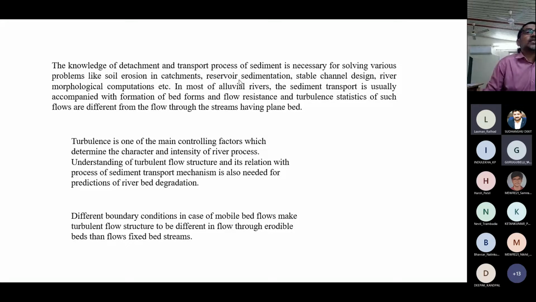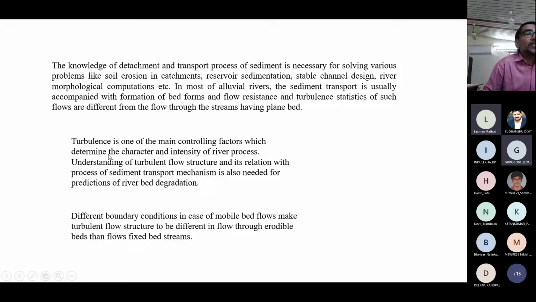So now I would like to enunciate here: one is plain bed, that means there is no development of bed forms, and another is streams where a number of bed forms are developed. So the thing would be different.